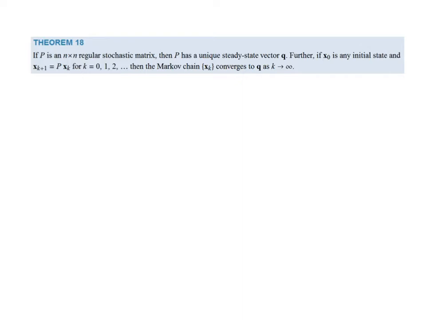So what I skipped for a minute there was a definition for regular. So let me put that on there, because this stochastic matrix does have to be regular. All right, so we'll define that. What does it mean for a matrix to be regular?